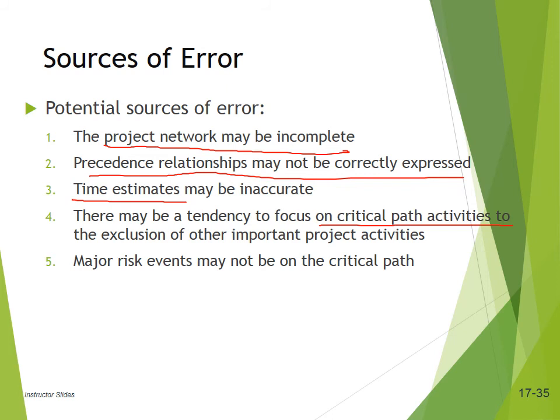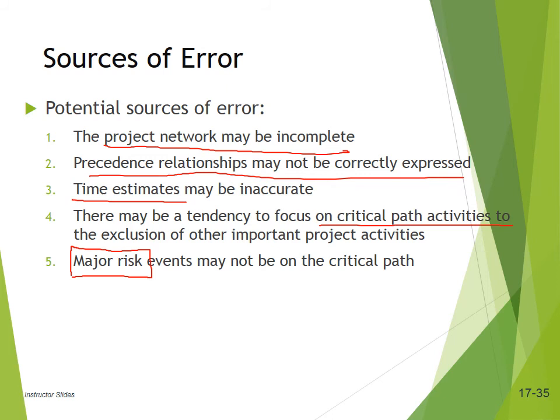Major risk events may not be on the critical path. Again, for PERT we don't consider risk. We consider either the deterministic time or the probabilistic time, but risk can be associated with some of the activities. Unforeseen risk, which is beyond your control.